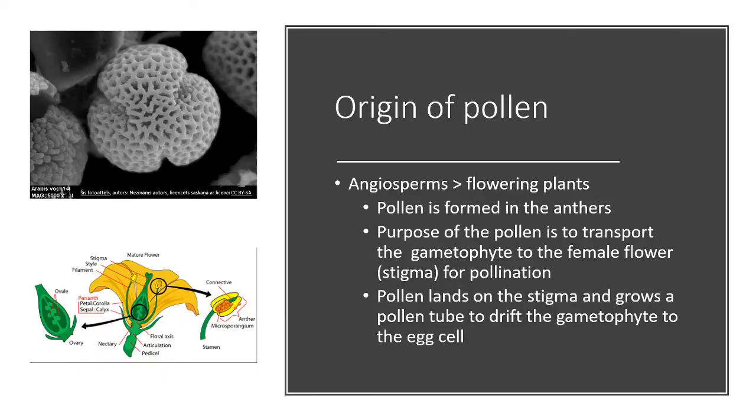Pollen is a fine to coarse powdery substance comprising pollen grains, which are basically male microgametophytes of seed plants. Pollen grains have a hard coat made of sporopollenin that protects them during their movement to the female flower, or as we call it, stigma, for pollination.